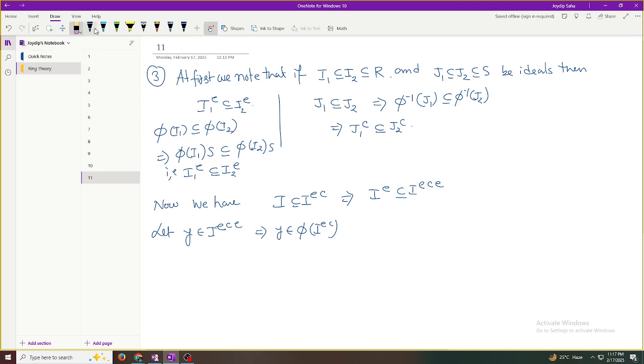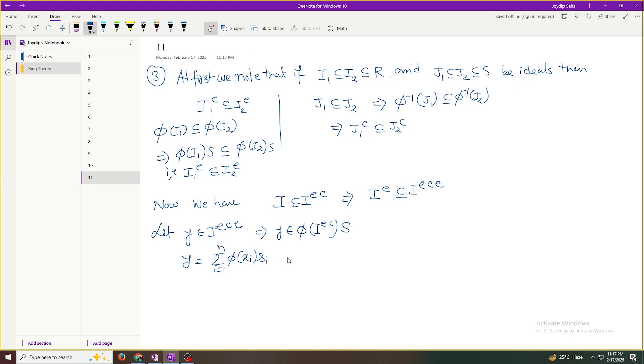So y can be written as the summation of phi xi si, i equals 1 to n.